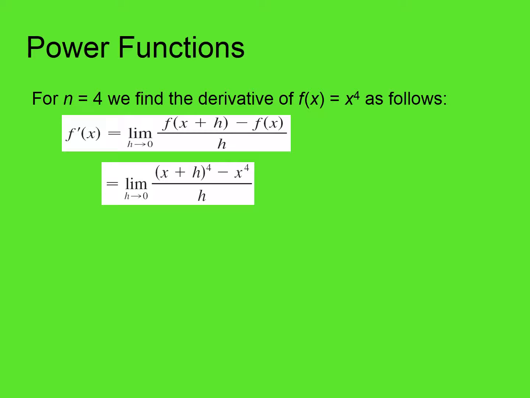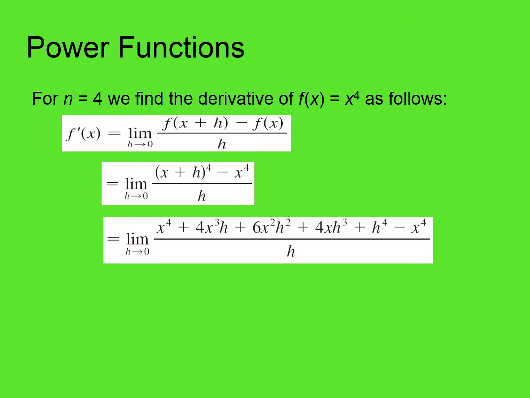Well, we're going to expand that fourth power of a binomial, and you could use binomial theorem or whatever method to get x to the fourth plus 4x cubed h plus 6x squared h squared plus 4xh cubed plus h to the fourth. And then we're subtracting x to the fourth, and it's all over h.